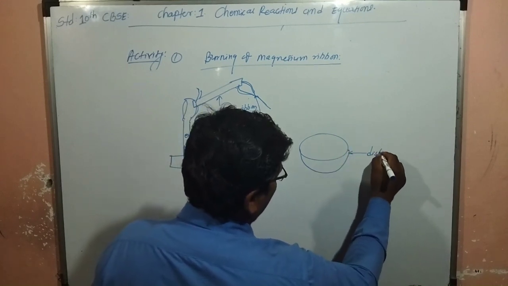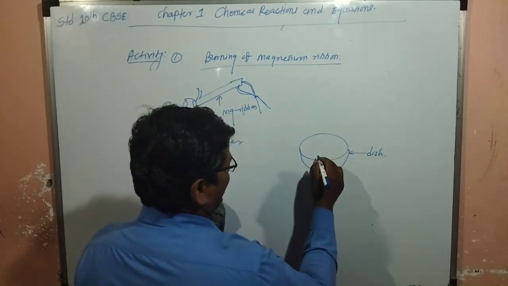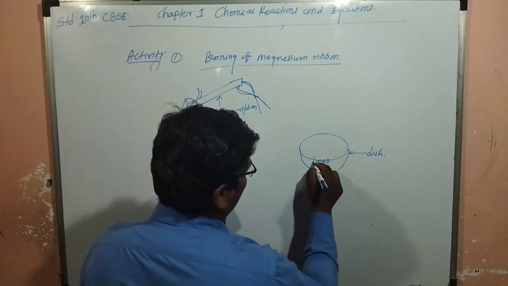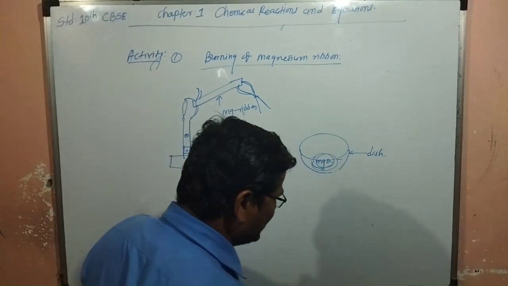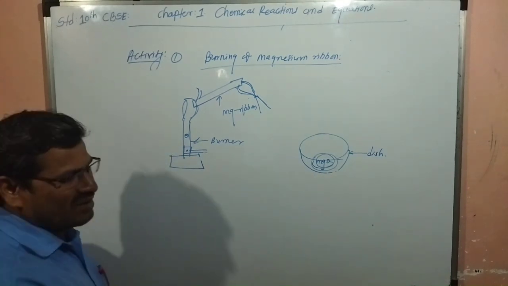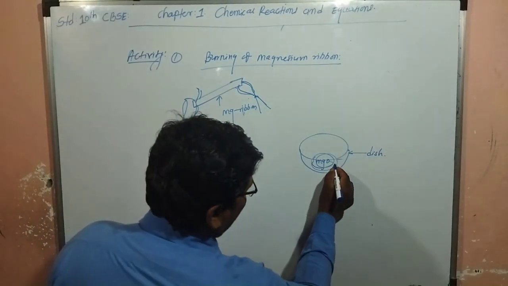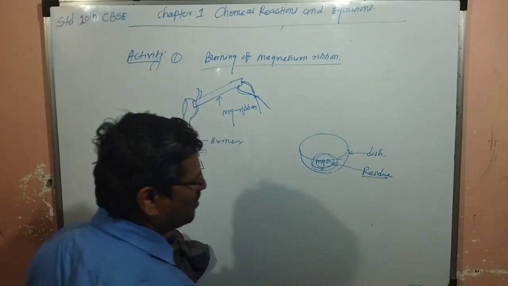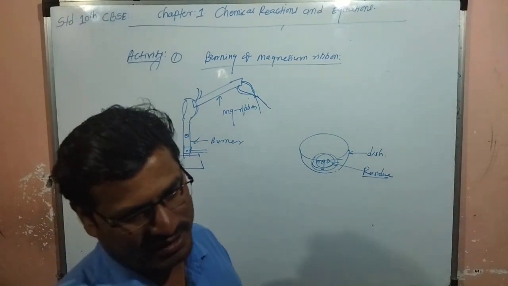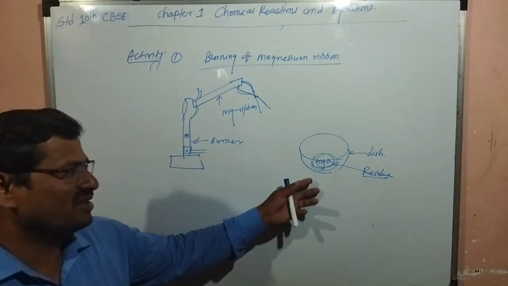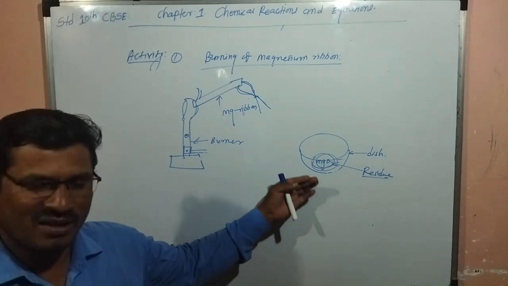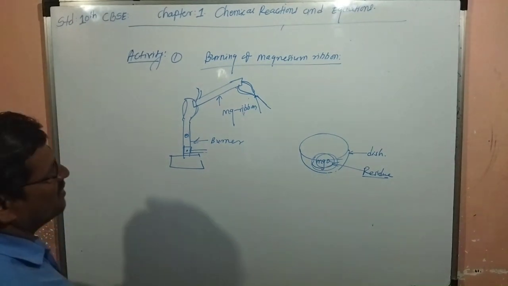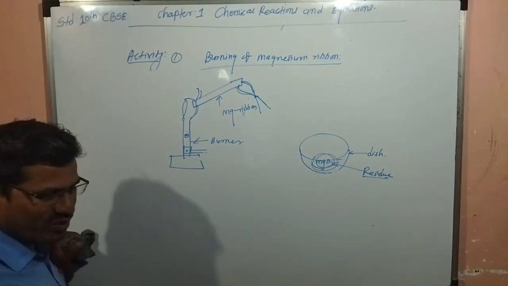Whatever ash will remain, that will be MgO, and that residue will be magnesium oxide. Some reactions regarding this we'll study in the latter half of this lesson. So this is the first activity, and we'll study what happens in it.